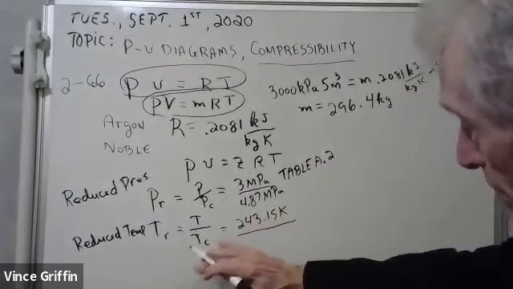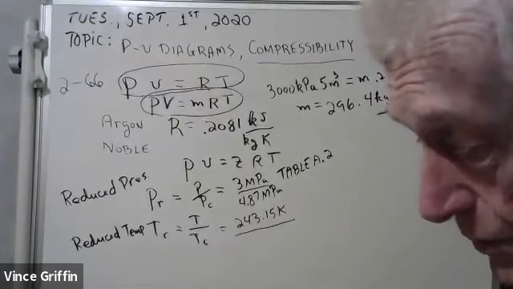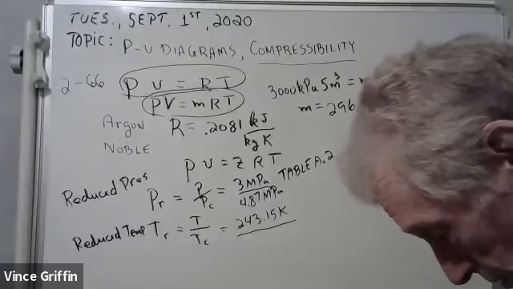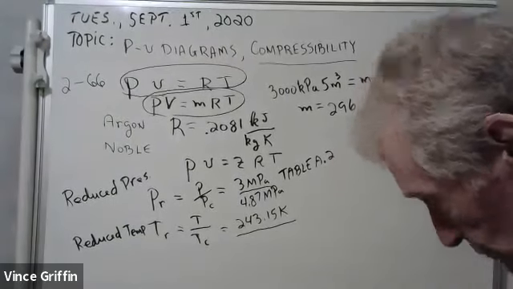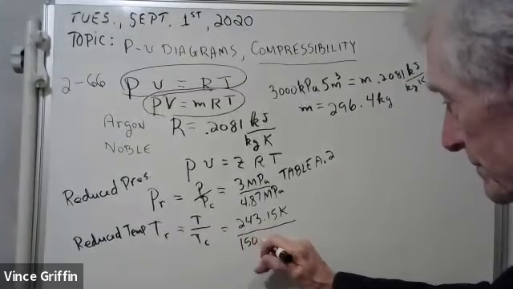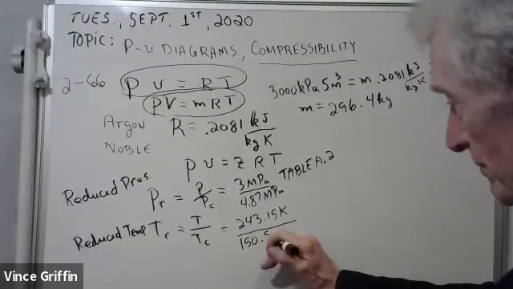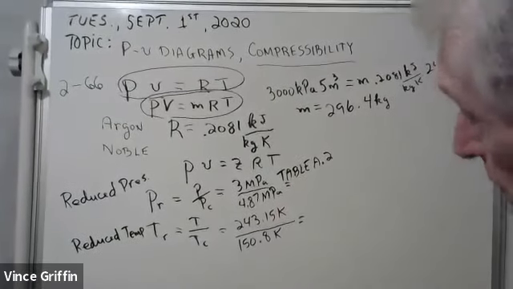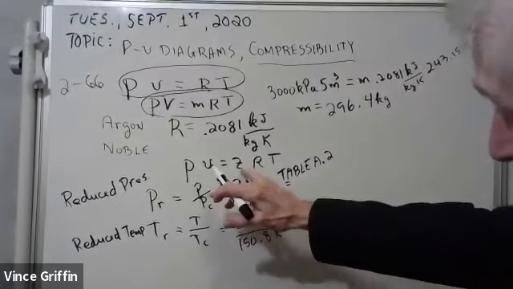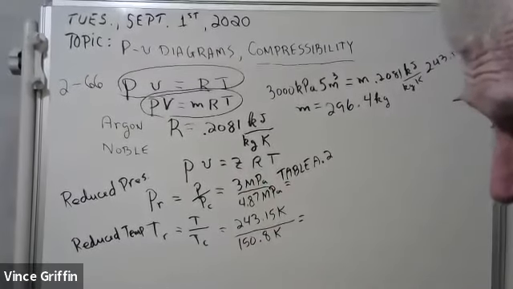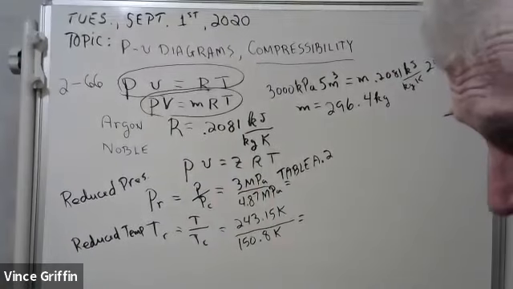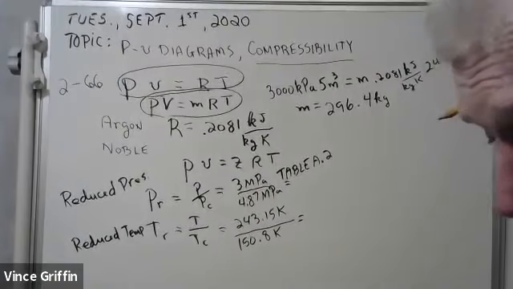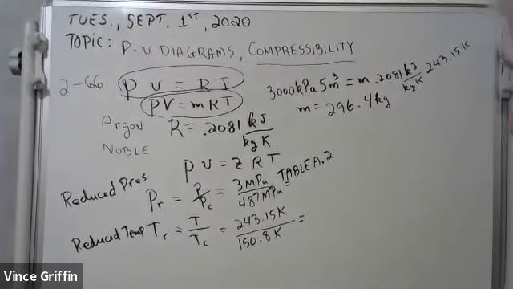And the critical temperature, at the tippy top of the vapor dome, on table A.2 for argon, is 150.8. Then I'll show you how to get the compressibility factor to plug in here. It's going to be close to 1, because argon is one of the noble gases.